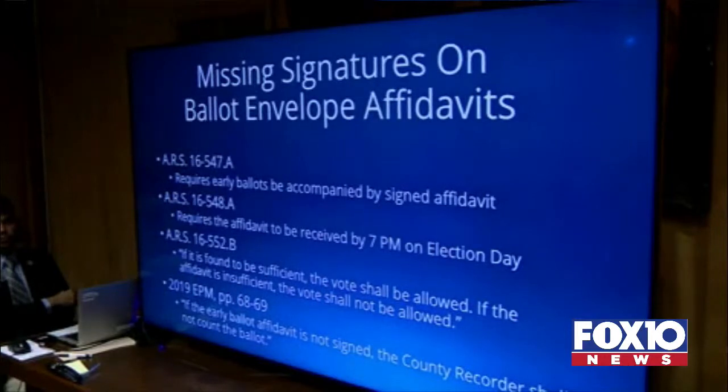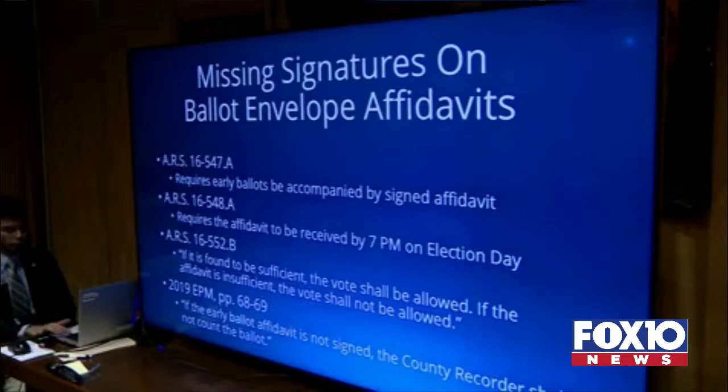There is a cure period in section 550, which is not noted there, but ARS 16552 is very clear that the election board is to check the voter's affidavit and, quote, if it's found to be sufficient, the vote shall be allowed. If the affidavit is insufficient, the vote shall not be allowed. And equally prescriptive in the election procedures manual, if the early ballot affidavit is not signed, the county recorder shall not count the ballot.